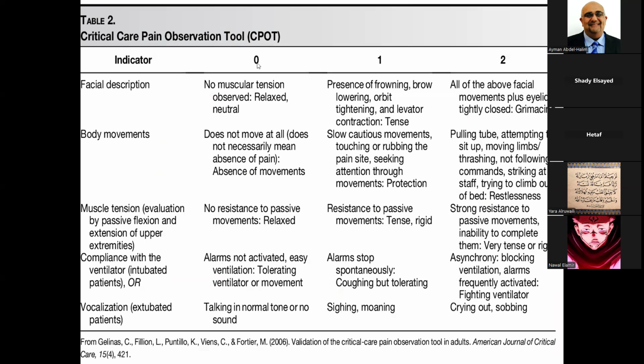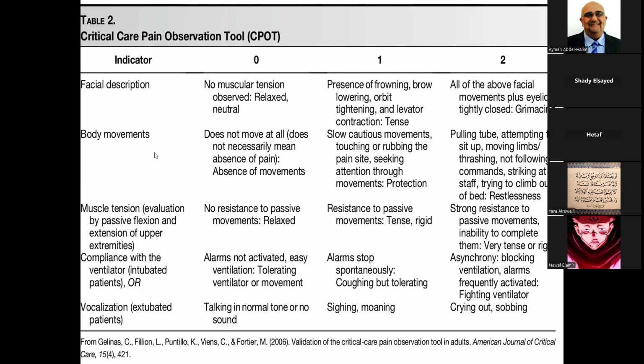This methodology, the Critical Care Pain Observation Tool, or CPOT, is one way to assess pain in the ICU setting. It's somewhat similar to the dementia and FLACC nonverbal assessment tools, with some modifications, of course.